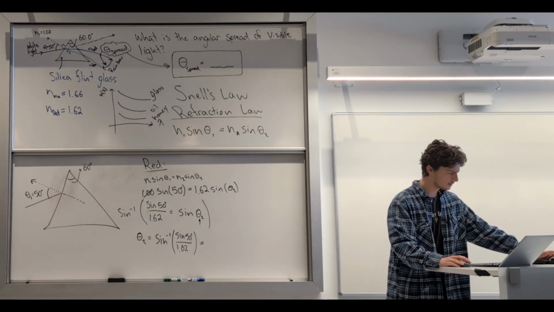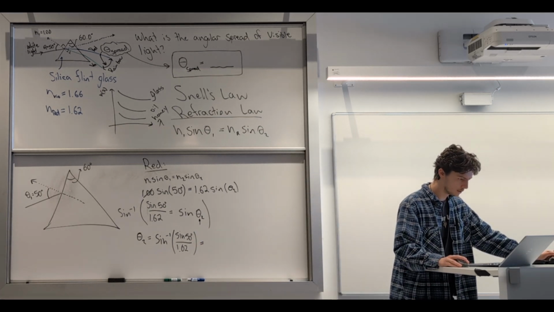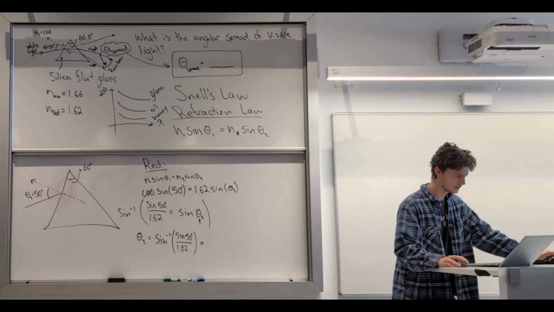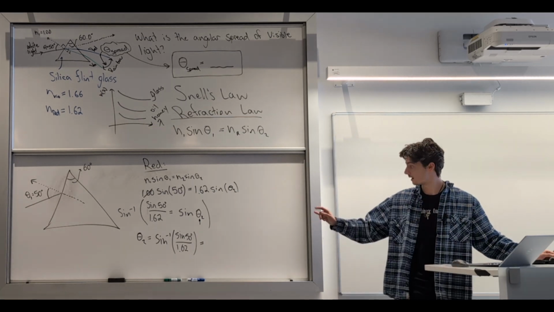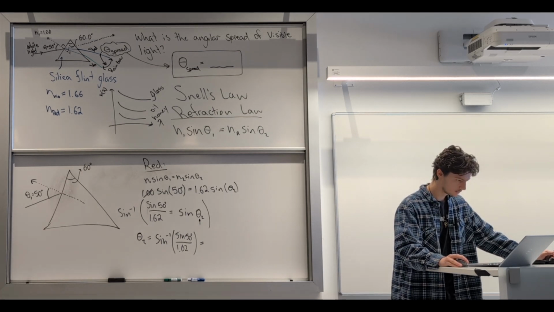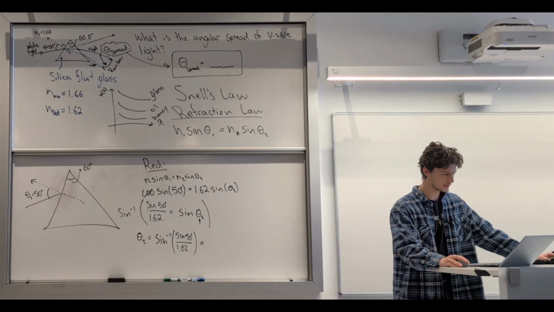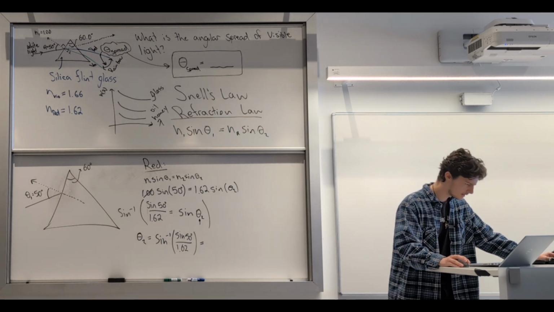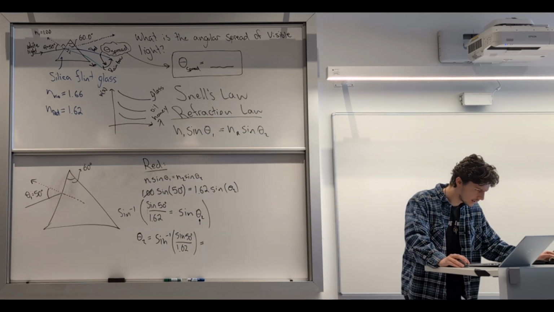So first I'm going to do sine of 50. The answer is 0.766. I will take that answer and divide it by 1.62. The answer is 0.4728, and so on. And now I want to take sine inverse of that.